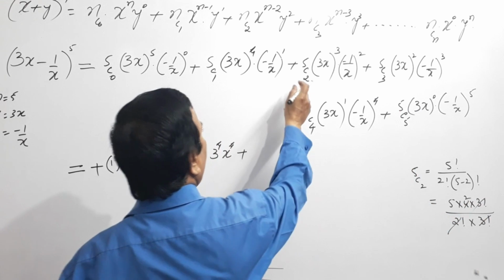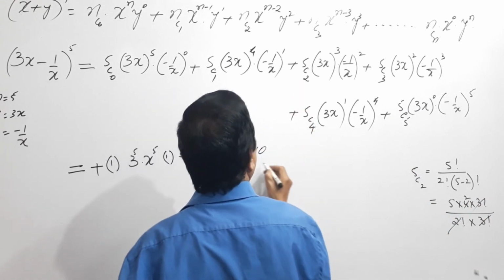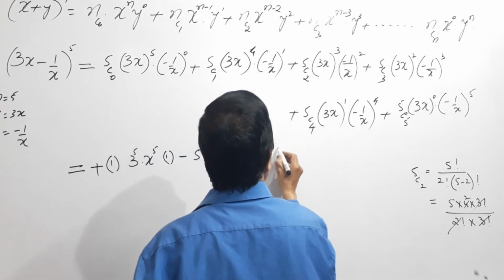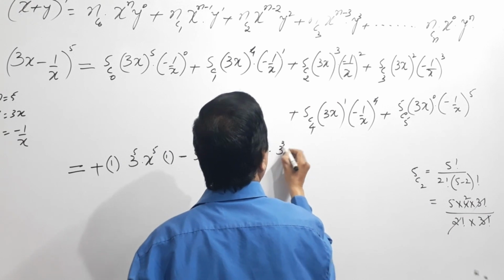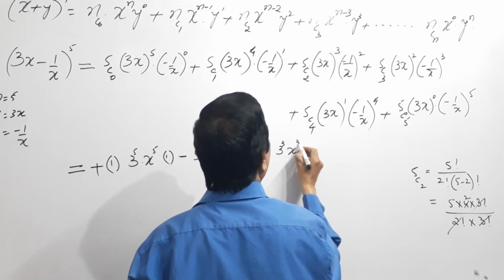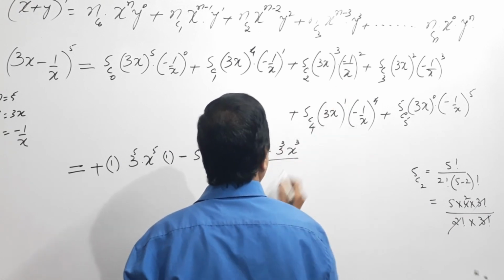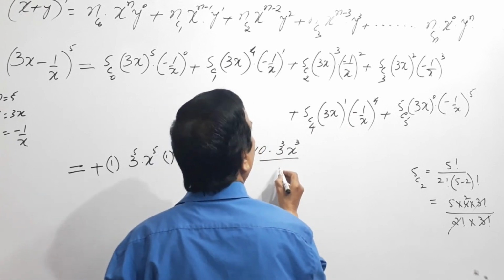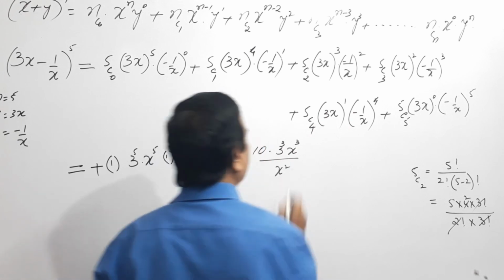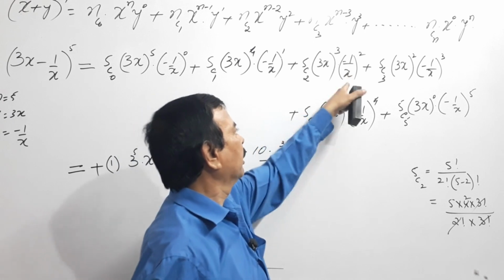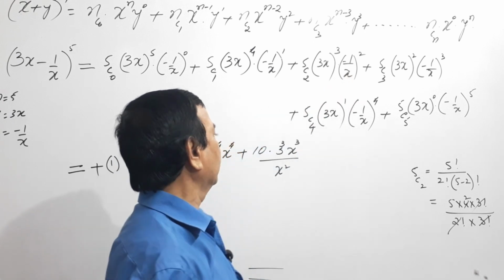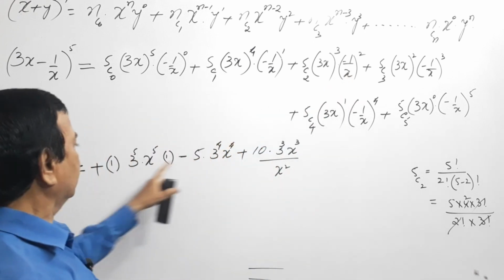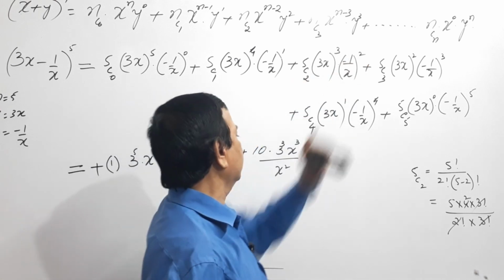This becomes 10. Then 3 to the power of 3, x to the power of 3 by x square. Remember, there is a 1 by x, so 1 by x square. So plus, minus, plus, don't worry about these things straight away.